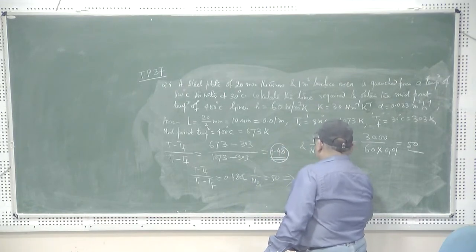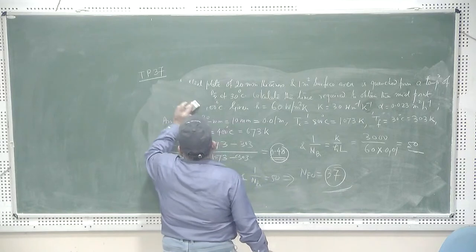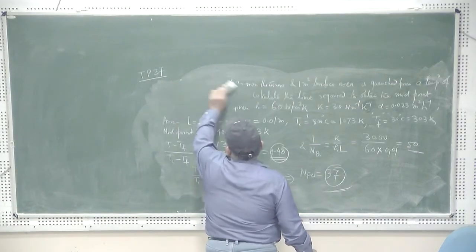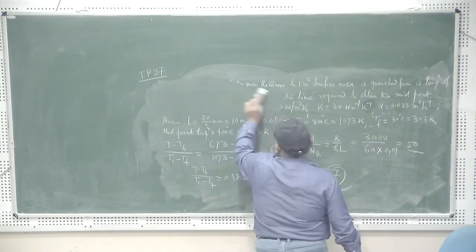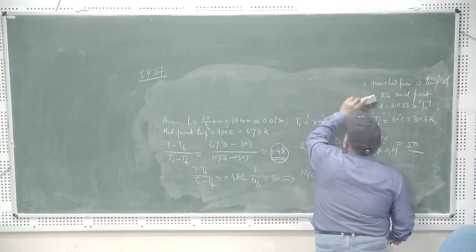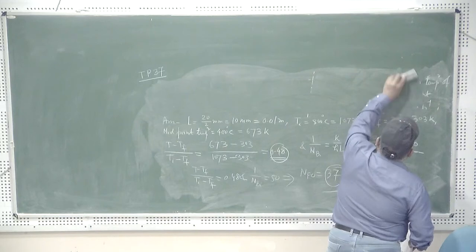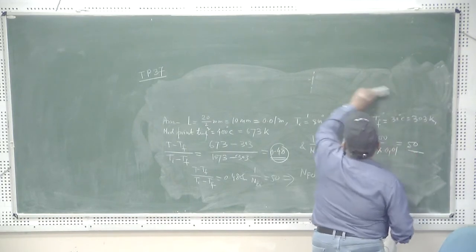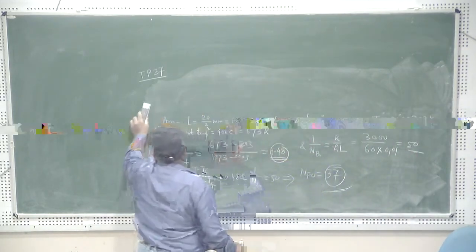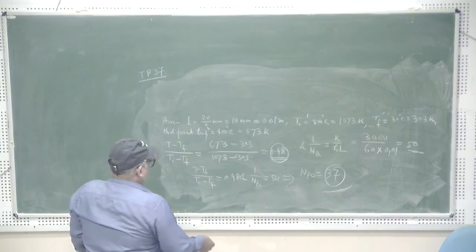The Fourier number is basically a dimensionless time. So once the Fourier number is known, the time required to attain that temperature during the quenching phenomena can be determined accordingly.